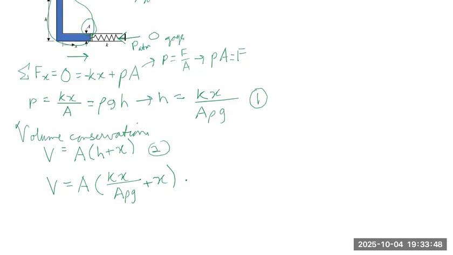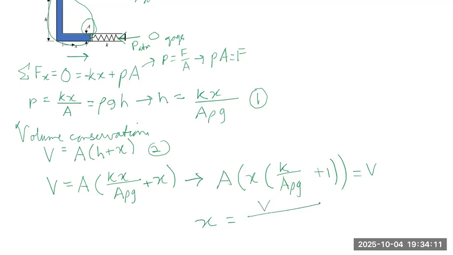So this is further equal to A times x times k over A rho g plus 1, and this is equal to V. So x is thus equal to V over k over rho g plus A.